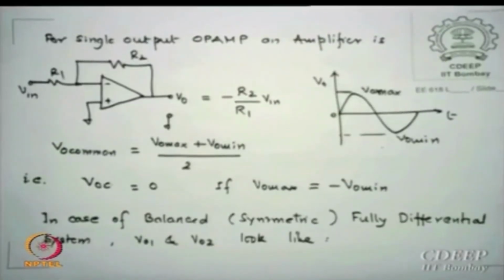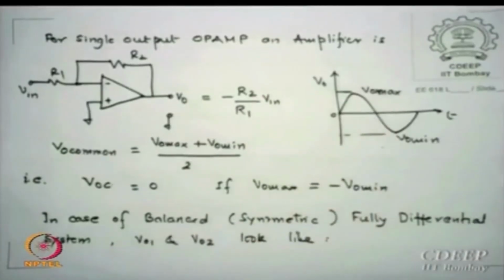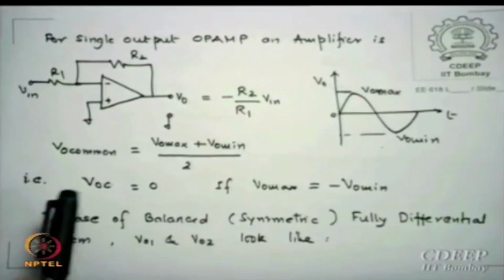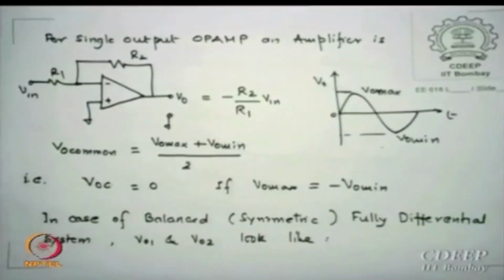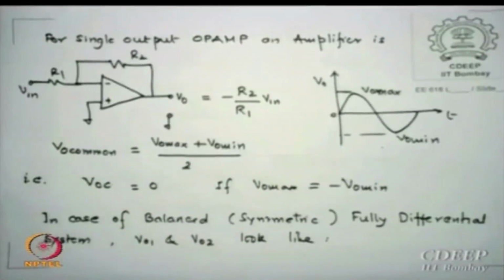For a single output op amp, a typical amplifier shown here is an inverting mode amplifier, and the output looks something like a sinusoid. Let us say the input is a sinusoid and you receive VO max, VO min. If there is no distortion then VO max will be equal to VO min, and we define an output common value VOCM or VCM as the common mode voltage at the output, which is the sum of VO max plus VO min divided by 2.